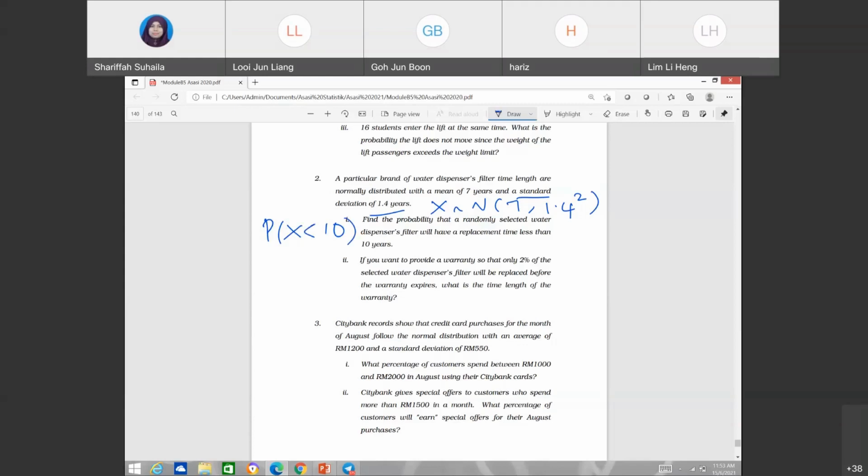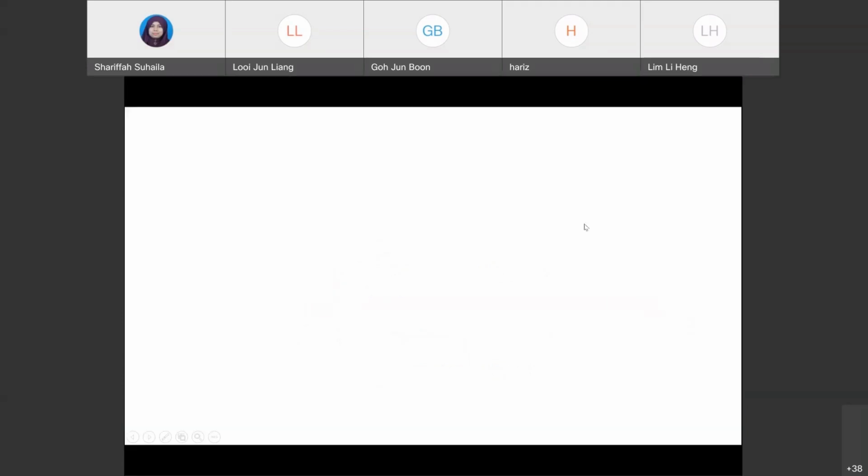Solve as usual. So X normal, 7, 1.4 squared. You want to solve probability X less than 10.